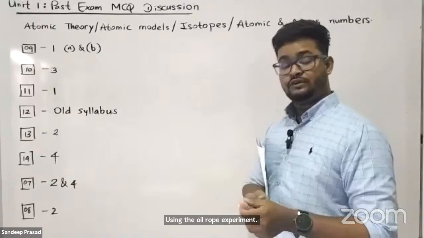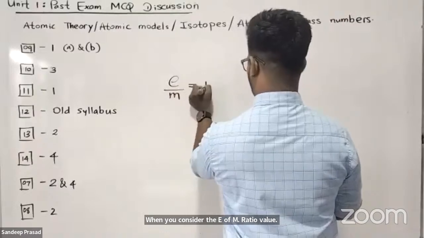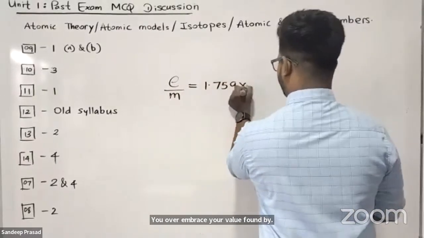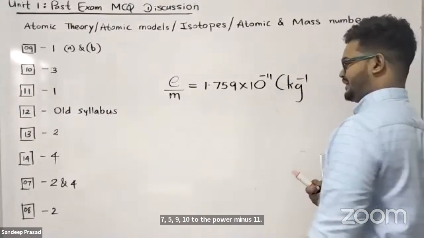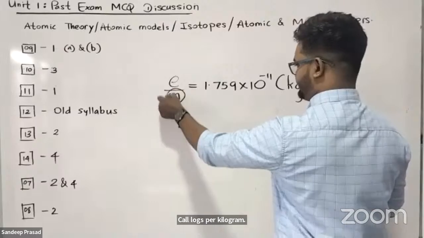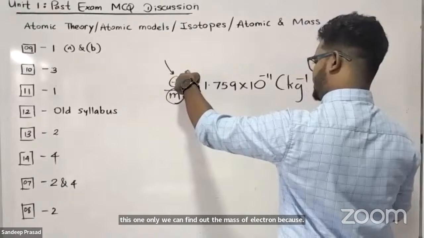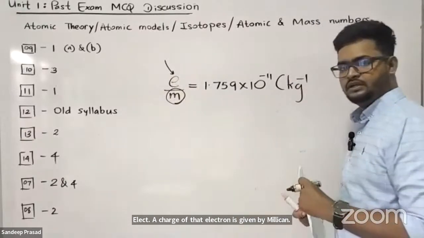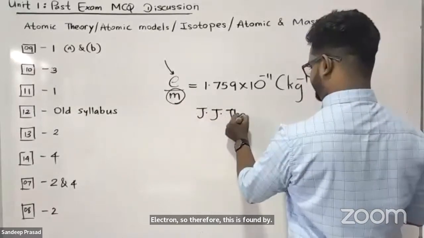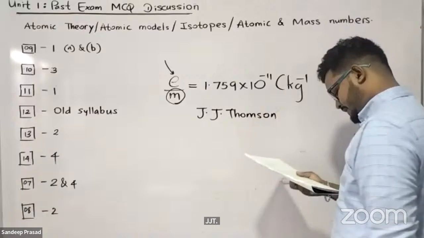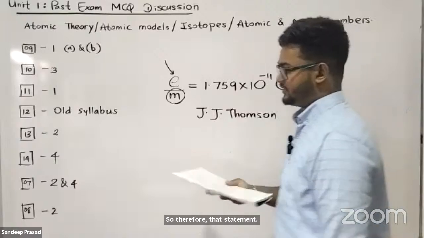The e over m ratio value was found by J. J. Thomson, 1.759 × 10 to the power 11 coulombs per kilogram. Using this, we can find the mass of the electron, because the charge of the electron is given by Millikan. So the correct answer is Thomson. Question number 15, answer is number 4.